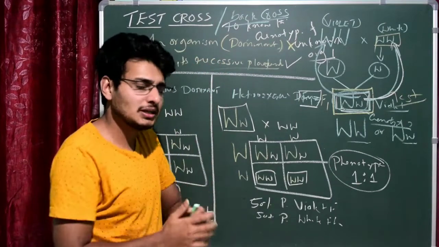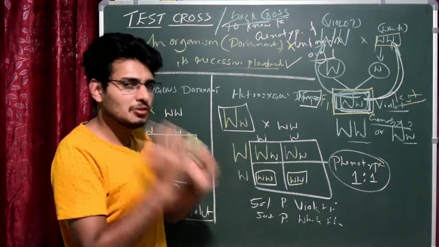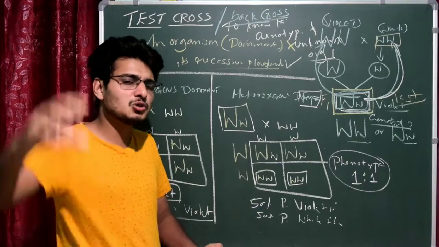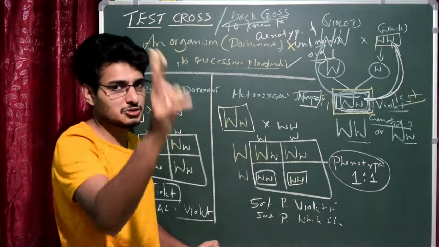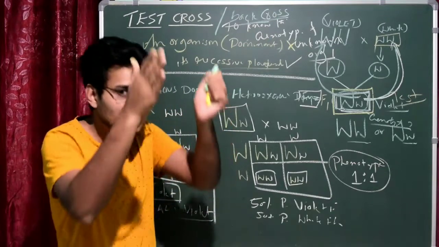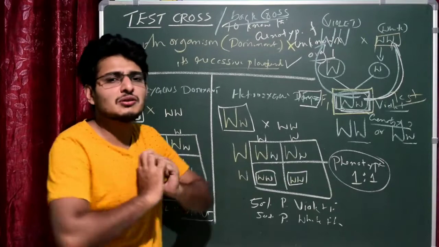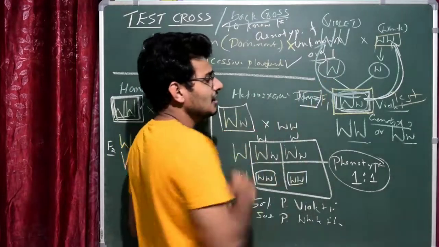So that means you can select any of the parents. Okay, there is no restriction, but the backcross means that particular F1 organism should be crossed either with the mother or with the father. That's very important. Why? Ultimately to get the pure line, to eliminate any foreign genes if they are there within the F1 generation.